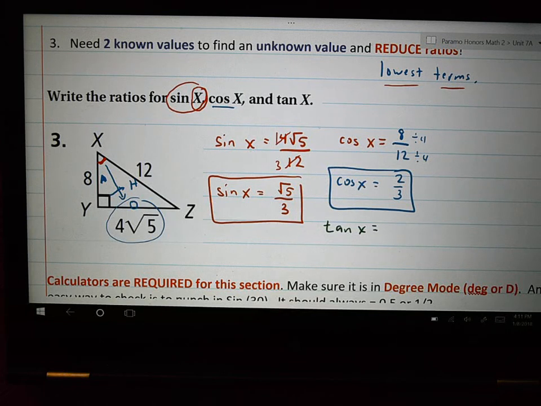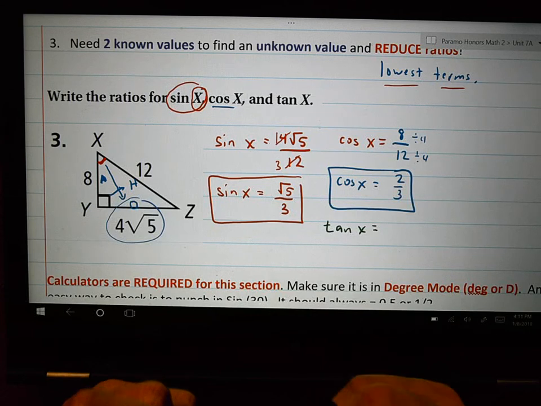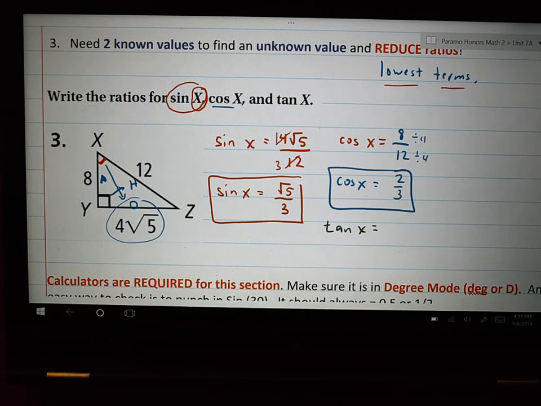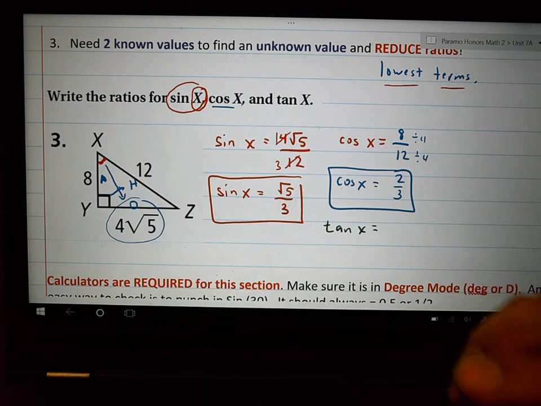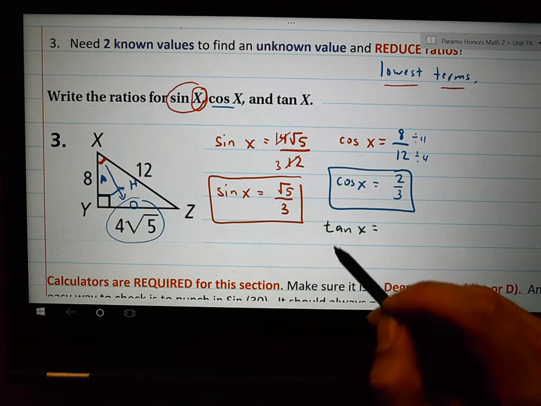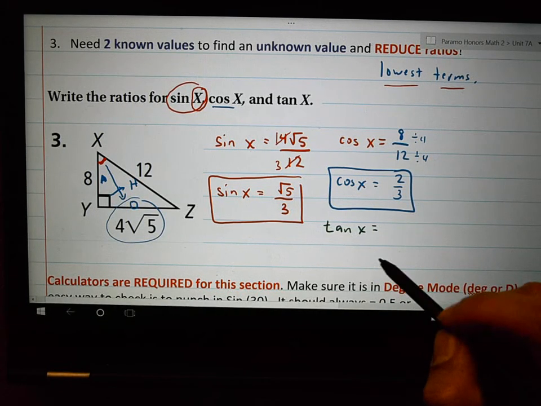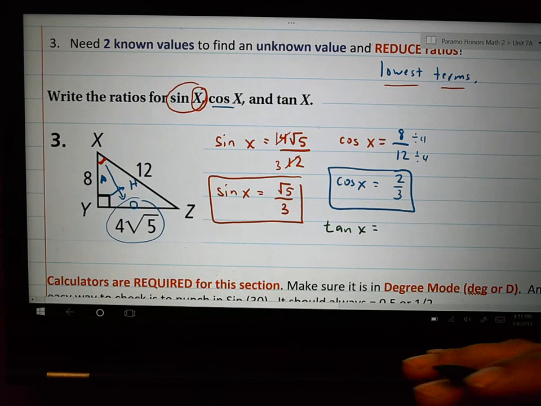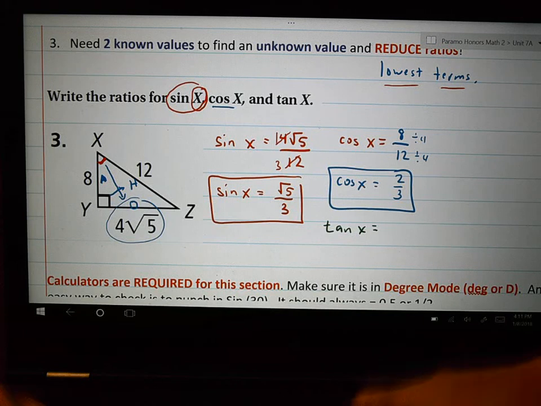I assume somebody's sitting next to you. Whoever understands it more is going to explain to the person who thinks, I need help with it. That's what I want to have happen. And what you're going to do is say, this is how you get the tangent of x. You're going to use this, and you're going to explain in your own words how to do it.